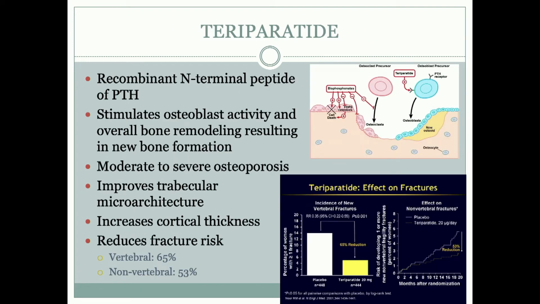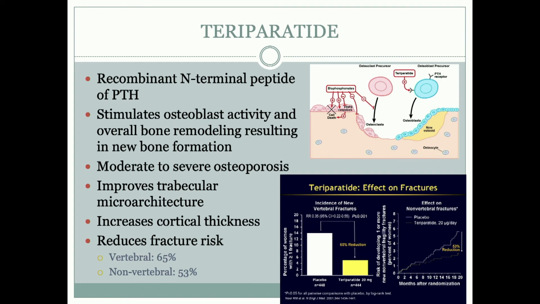And so what we discussed earlier was Forteo, or teriparatide, which is a recombinant N-terminal peptide of PTH. We know that PTH with constant exposure actually has a catabolic effect, but when you intermittently administer PTH, it actually has an anabolic effect and upregulates the osteoblast activity, which is necessary for bone remodeling, but it also does affect the osteoclast.